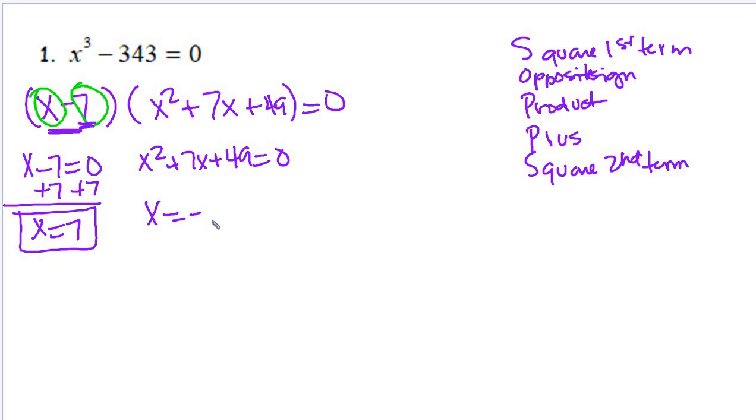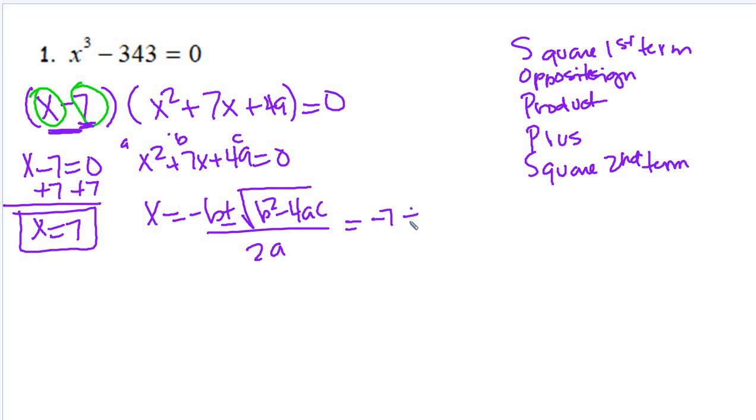So x is equal to the opposite of b plus or minus the square root of b squared minus 4ac all over 2a. And just as a reminder, remember this is a, b, and c. So the opposite of b would be negative 7 plus or minus the square root of 7 squared minus 4 times a is 1 and c is 49 all over 2 times 1.